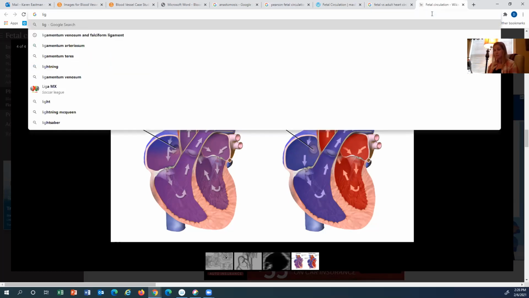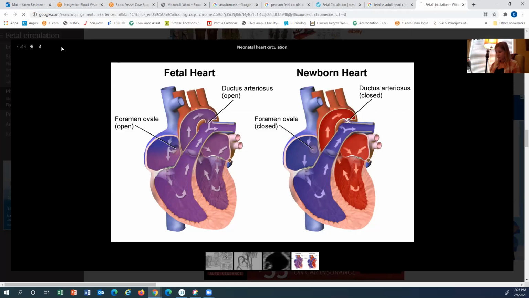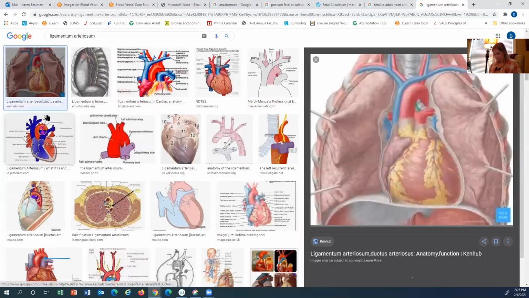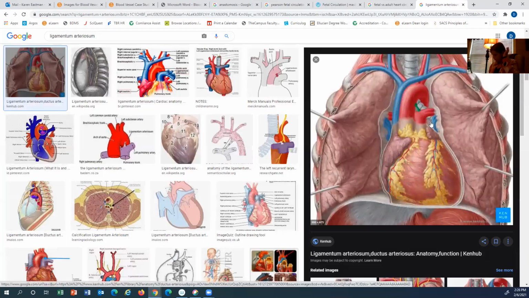Again, if we look at the ligamentum arteriosum in the adult heart, here it's colored in green, so you could see right ventricle here, pulmonary trunk, pulmonary arteries, and that little ligament that's holding the pulmonary trunk to the aorta, that's your ligamentum arteriosum.